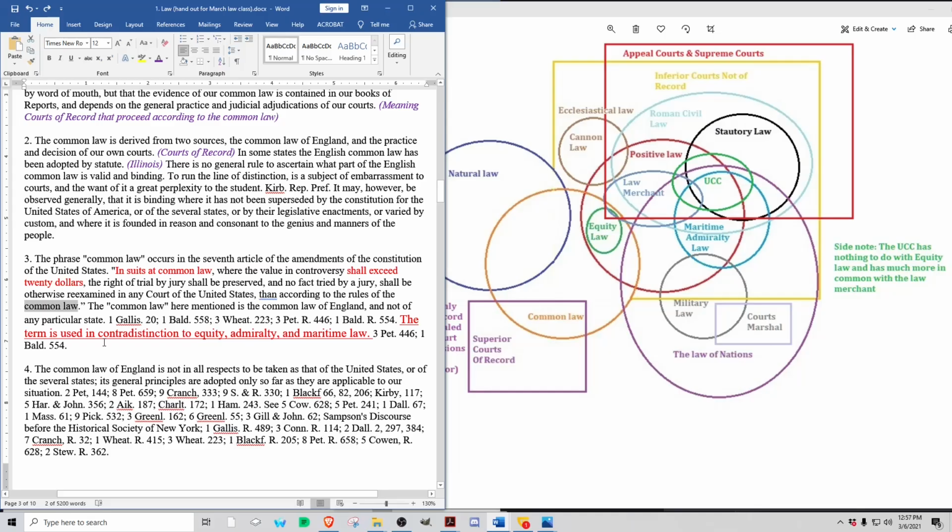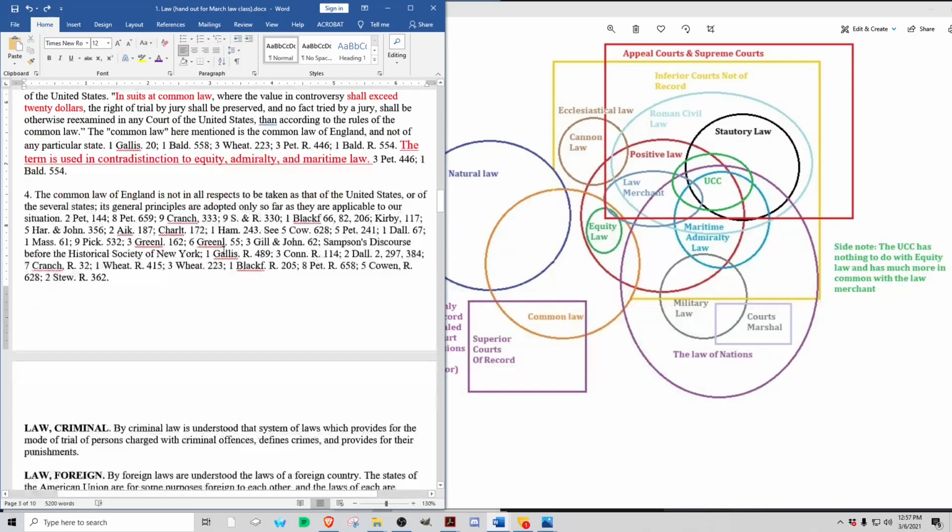Well, yes, this is a distinction and contradistinction as to America, because remember, we're reading from Bouvier's here, that the courts of equity that deal with equity matters that basically are chancery courts are separate from common law courts. But the aspect of equity itself as being a jurisdiction of law does have its roots in common law, and it came from the common law itself. So that's why it's inside, not outside it. So in case nobody gets confused with that.